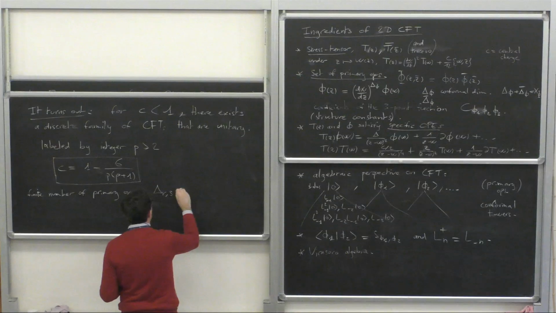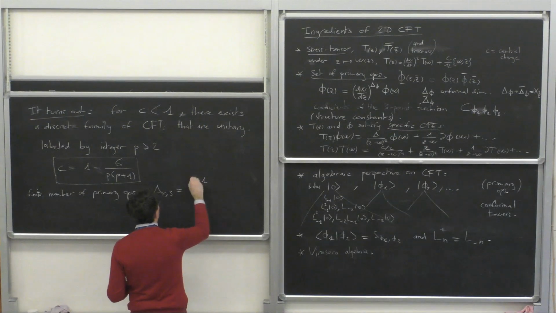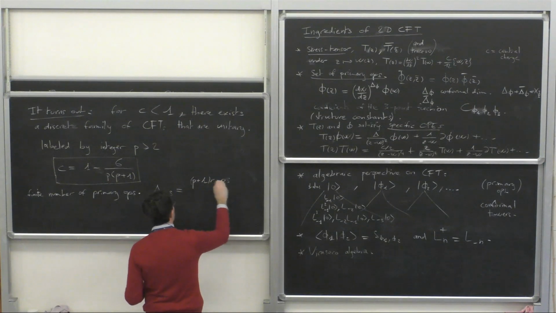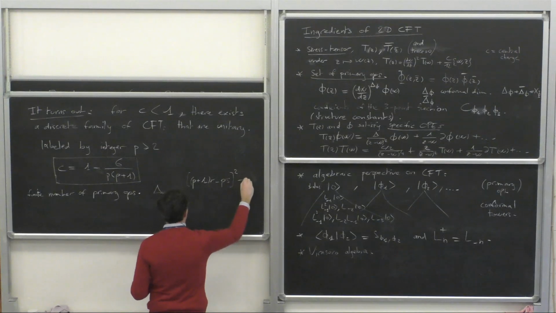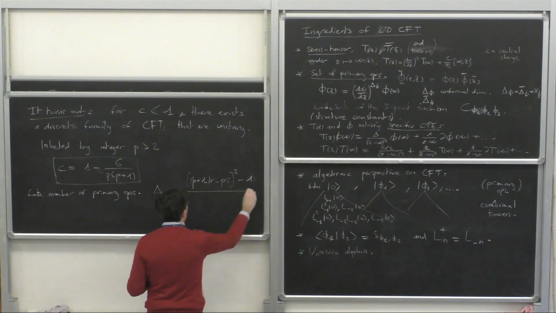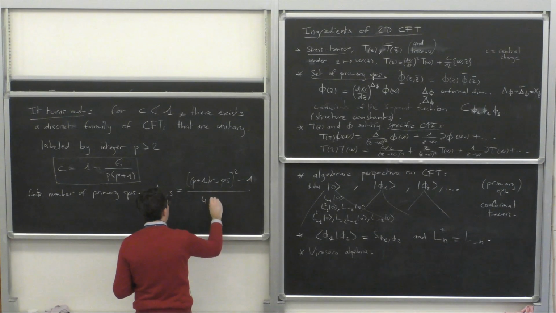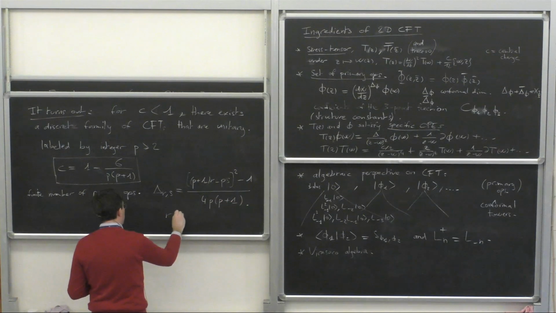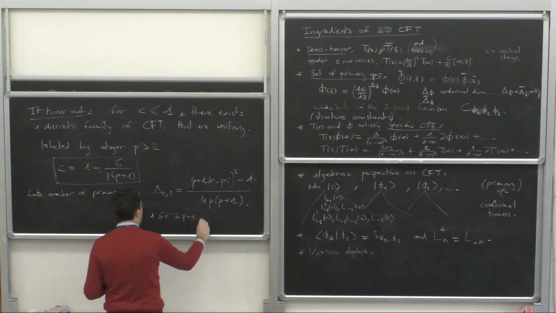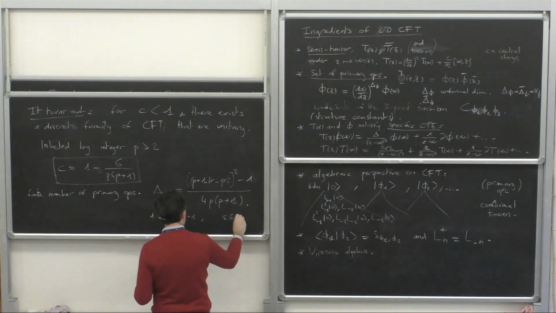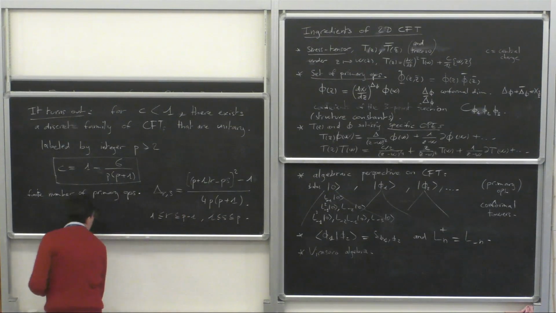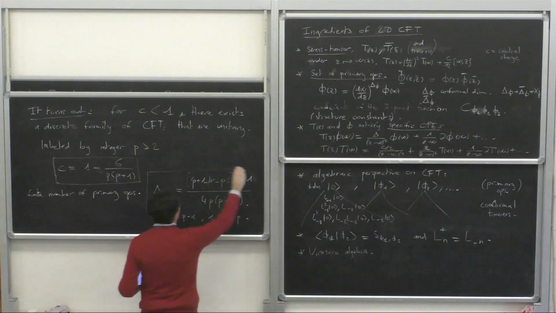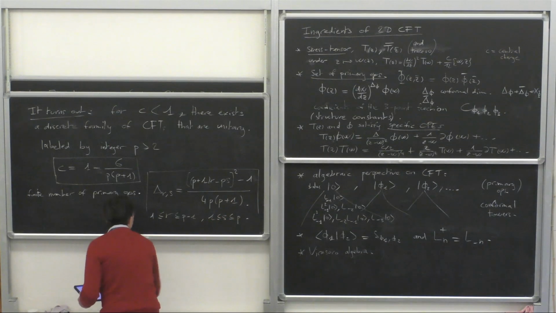Delta r,s is ((p+1)r minus ps) squared minus 1, over 4p(p+1). And here r is between 1 and p minus 1, and s is between 1 and p. This formula is known as Kac's formula.